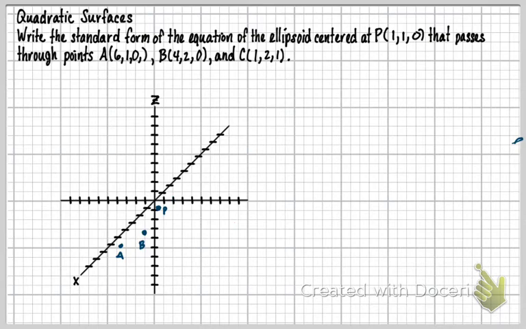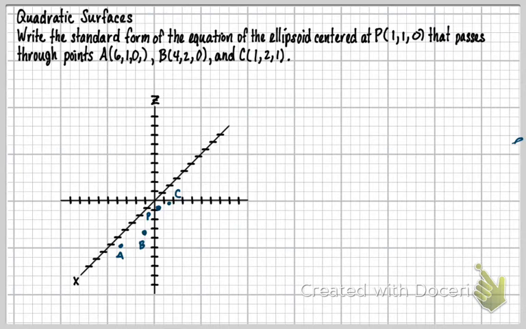So I'm going to come this way, and I'm going to go up 1, so I'm going to be about here. So my point's going to be about there. All right, so there's my points that I'm dealing with here. I'm going to move this point P on the other side so you don't confuse it with the other one. And this one here is going to be point C. All right, we'll deal with that one later.